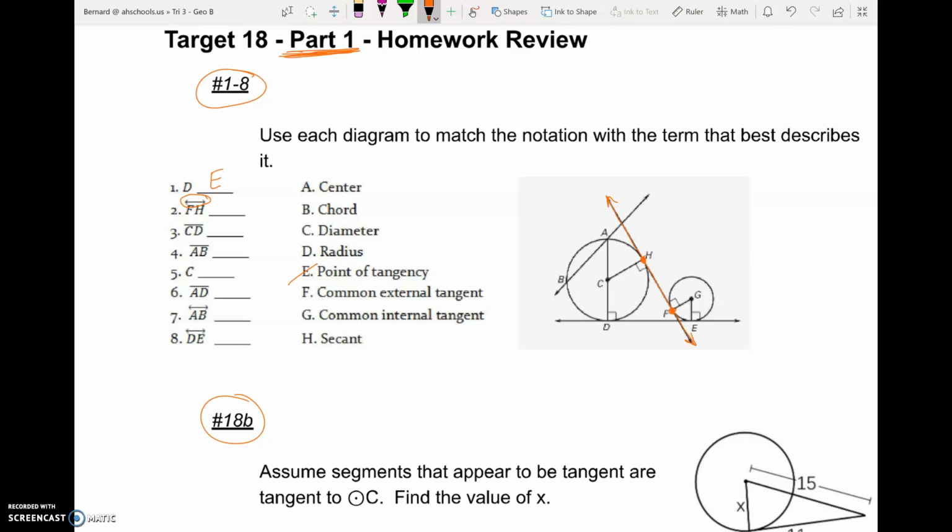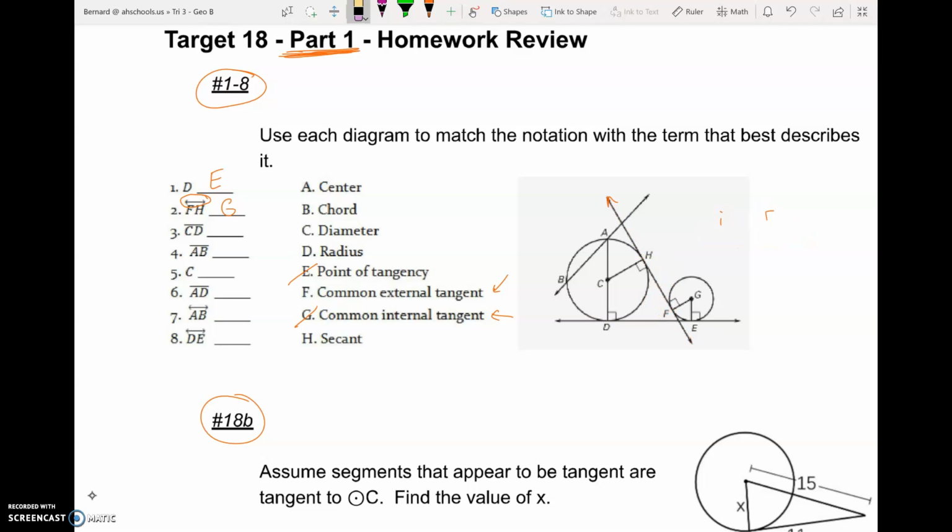So it's a common tangent line. So it's going to be one of these two, common internal or common external. And since it goes in between the two circles, we call that an internal tangent. And so our answer for number 2 here would be G. So I'm going to write G in that blank. It is a common internal tangent.